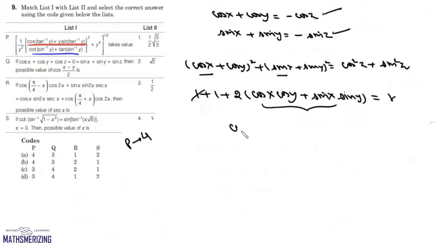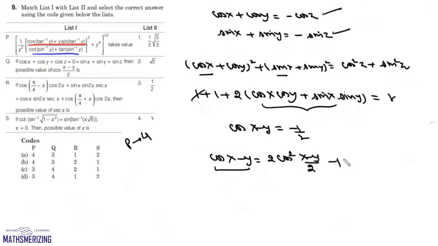Now this is cos a cos b plus sin a sin b, which is nothing but cos (a minus b). So we can write cos (x minus y) is minus 1 by 2. Now using the half angle formula, we can write cos (x minus y) as 2 cos square (x minus y) by 2 minus 1.